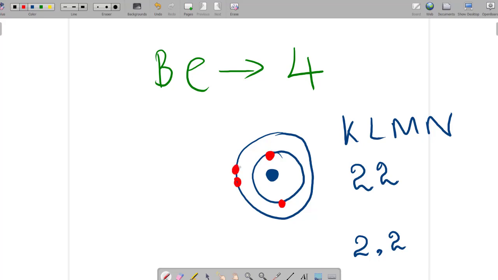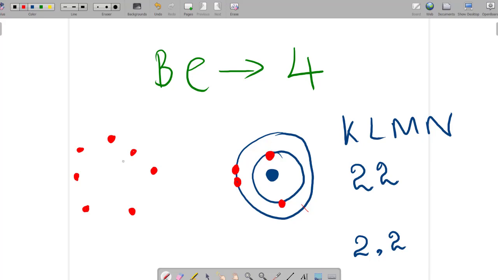Normally, from the L shell onwards, we fill the electrons as pairs. The K shell doesn't matter because only 2 electrons are there. But from the L shell onwards, if you draw them all separately and there are 8 electrons, it looks like a bunch of bulbs, right?